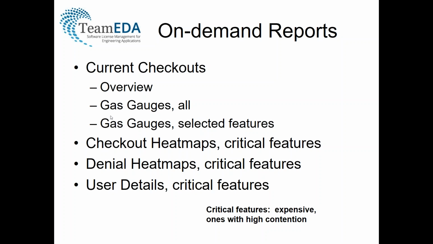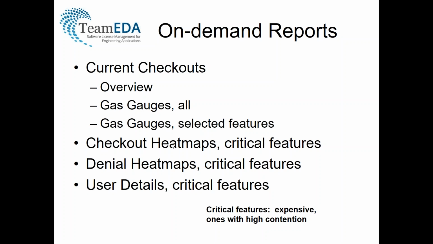I assume you're all up to 9.x and you have the gas gauges, which is a very cool way of seeing current checkout status on demand. You can see all of your tools that are currently checked out, or you can set up a page which is just selected tools on a page.